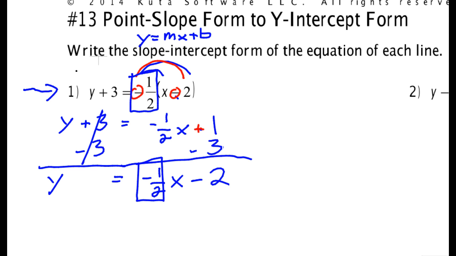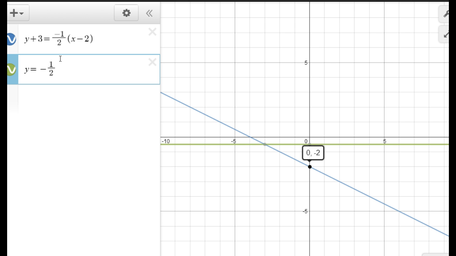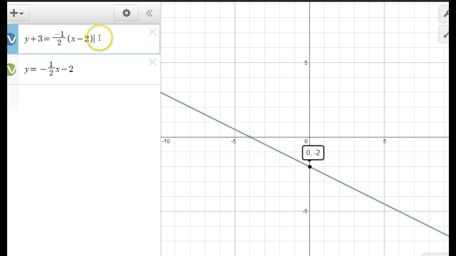what was our answer again? Negative 1/2 x minus 2. Okay. And you should see that they are the same line. So these are two equations, but they are the same. So if you'd like to go back to Desmos and verify for each one that your point-slope equation is the same exact line as your y-intercept form.